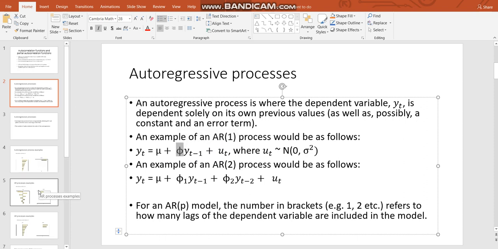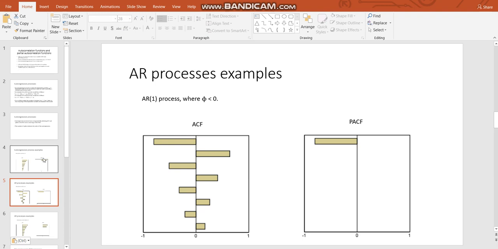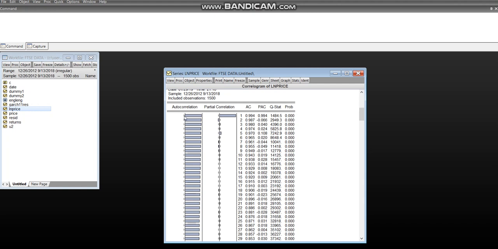But if, however, we looked at an example of an AR1 process where phi was less than 0, then this is what we'd expect. We'd expect it to go from 0 towards -1, and not like my Eviews example, which clearly shows it going towards 1 in a positive direction.